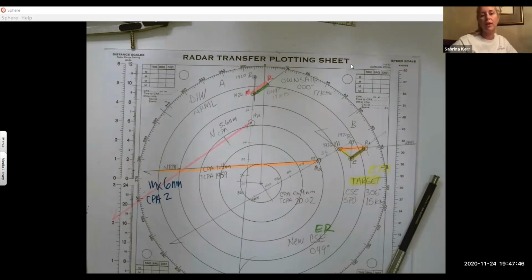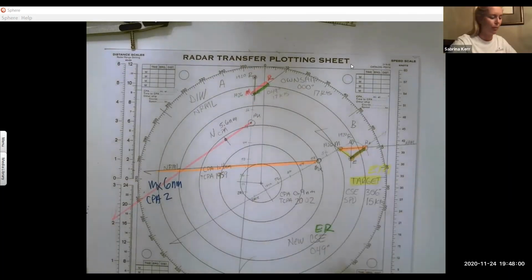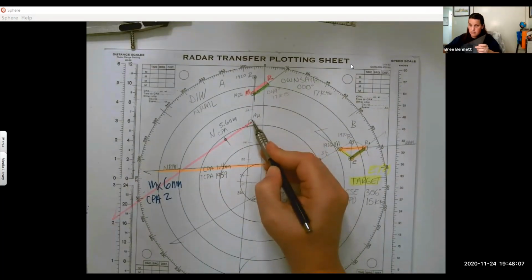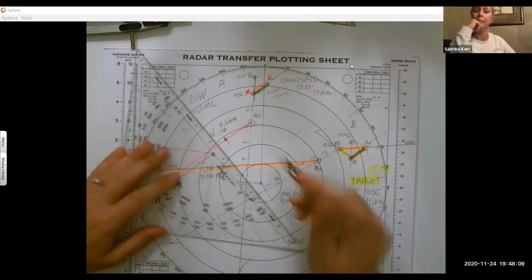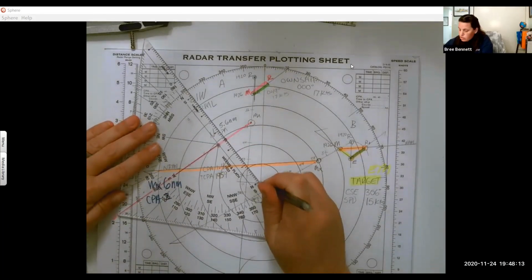I understand that you use perpendicular from the triangle, but what is the significance of the new line, the pencil marked line? That's the point of the CPA. How did you get that distance from MX? It's not from MX. It's from the center. So what is my closest point of approach?